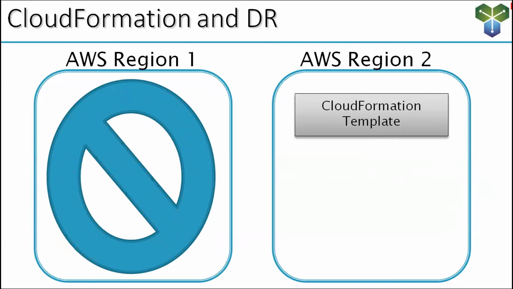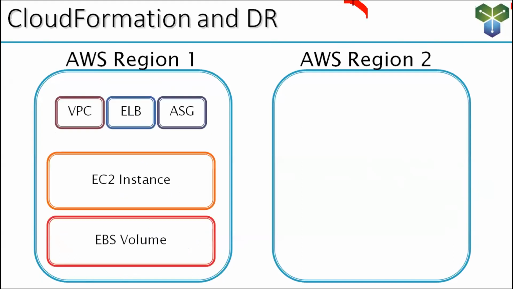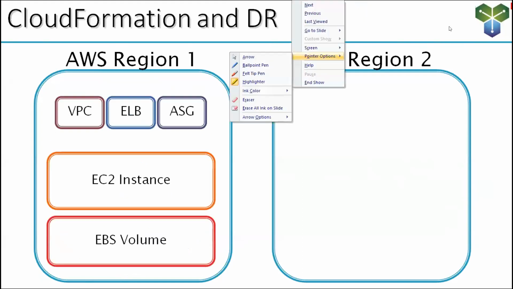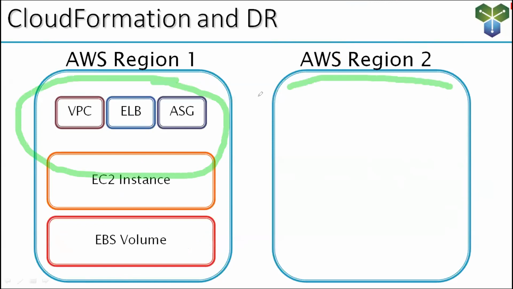We could have a pre-created CloudFormation template. And by the way, the CloudFormation template could be based on exactly what we have here in region 1. We can have a CloudFormation template that we use to deploy everything in region 1, and we can just use that same template in region 2.